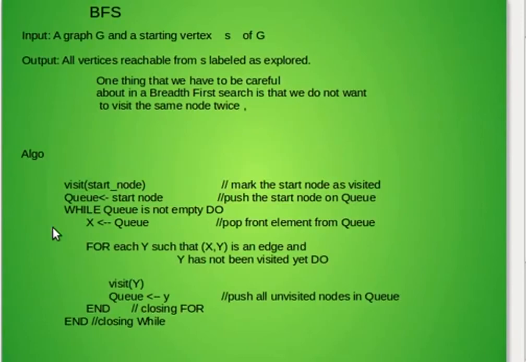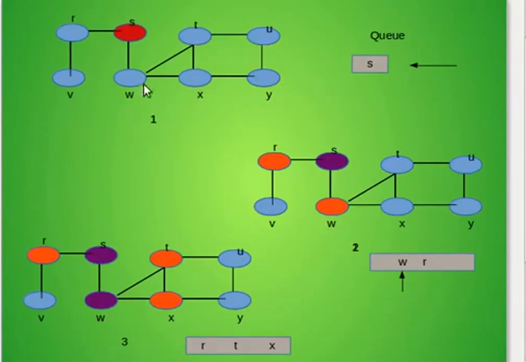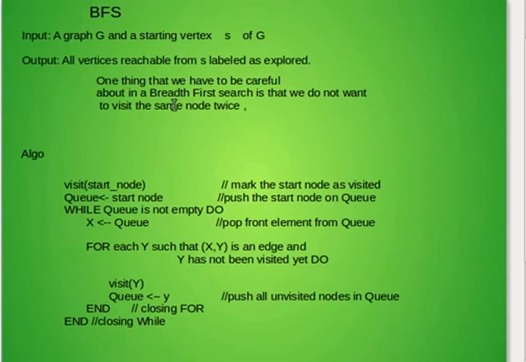Now let's run our algorithm on one example. For the sake of simplicity, I have used an undirected graph and I have assumed that all the vertices are connected. Here you can see that we are given a starting vertex from where we have to perform our BFS traversal.